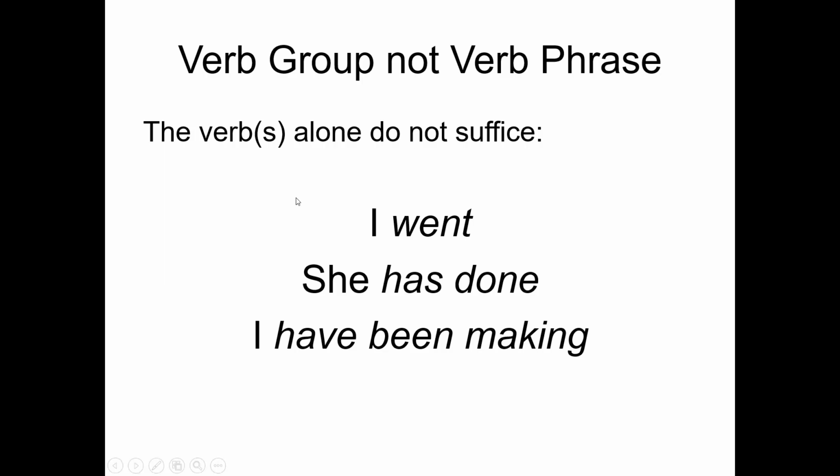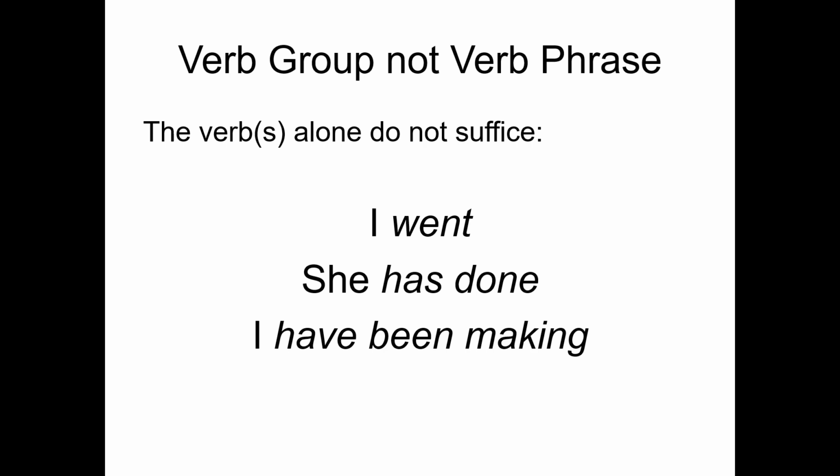And the verb group begins with a verb, like has, and ends with a verb. Yeah? And in these contexts, the verb group is not a grammatically complete description of the event, of the action. She has done, yeah, but has done what? Something is missing. So here the verb group is not a complete verb phrase.